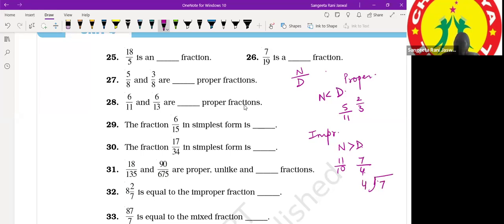When I divide 7 by 4, 4 ones are 4, I'm left with 3, then I put the decimal point here. So this number is greater than 1. But when I take the decimal form of proper fractions, these numbers are less than 1. So you can always say that improper fractions are always greater than proper fractions. Can you say that?